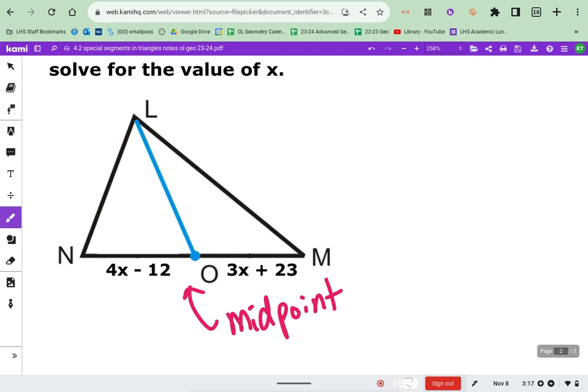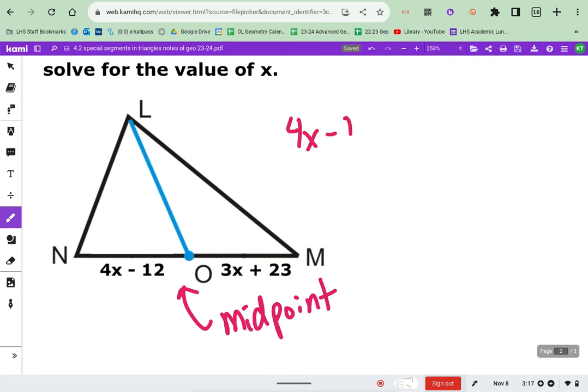So O is in the middle, which means 4x minus 12 is equal to 3x plus 23. Since O is in the middle, the left half equals the right half.